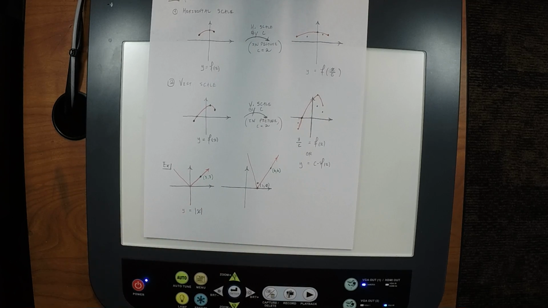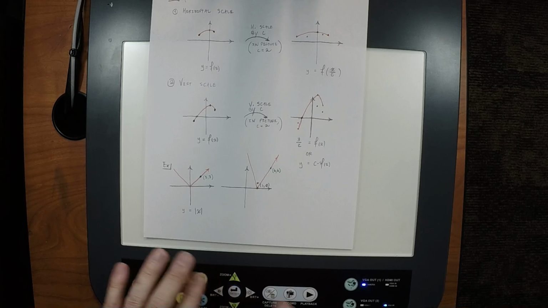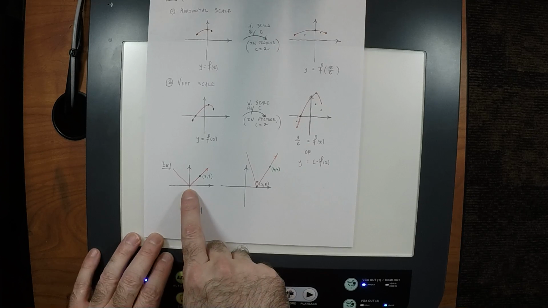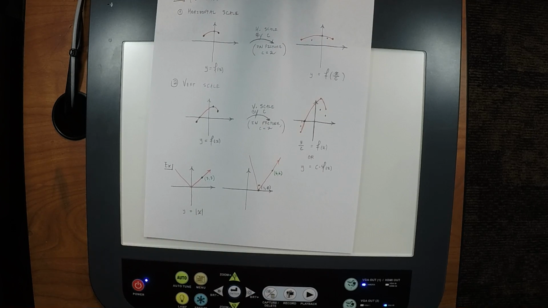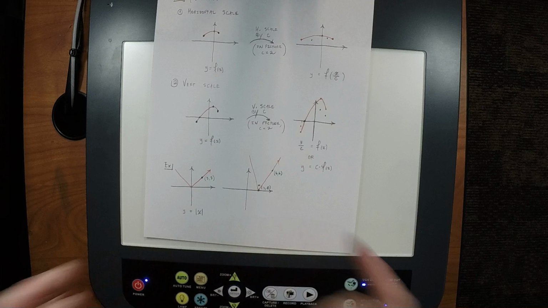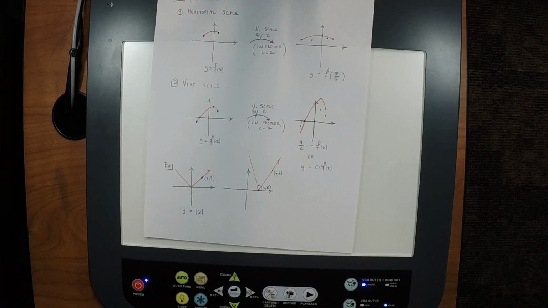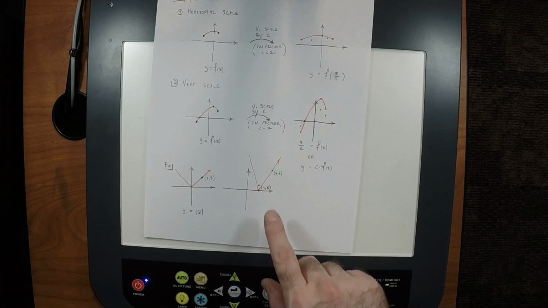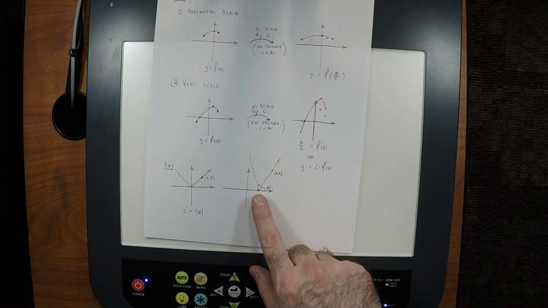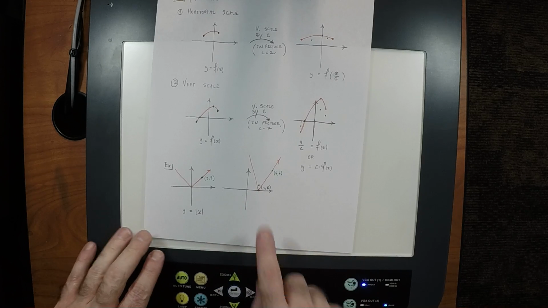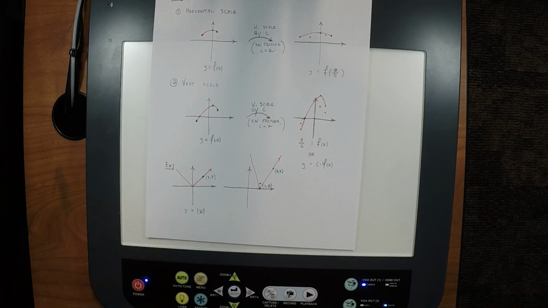Because the absolute value is shaped like a V, the bottom of the V, the pointy bit, you can see that the pointy bit moved, right? How did the pointy bit move? To the right, 3 units. Okay, so as a result, because it moved to the right 3 units, that means that we know what happened to x. What does x become?